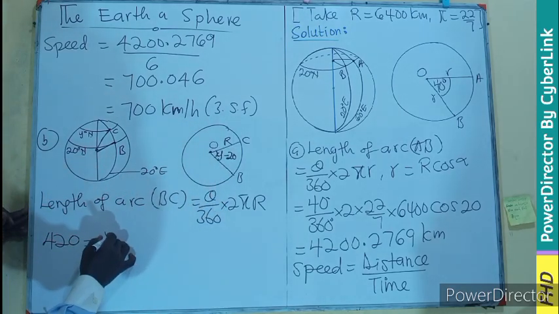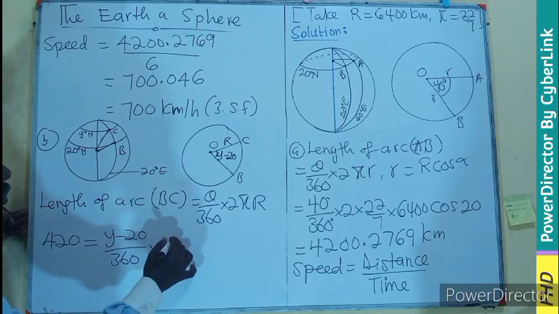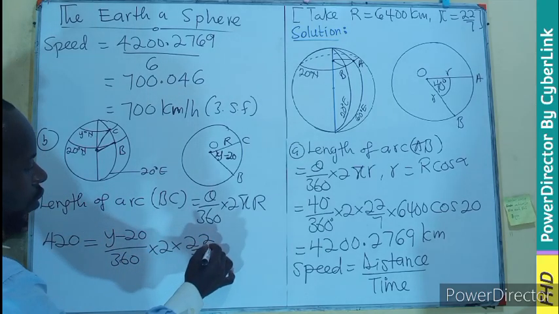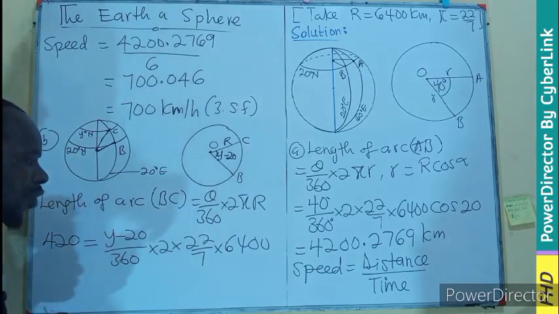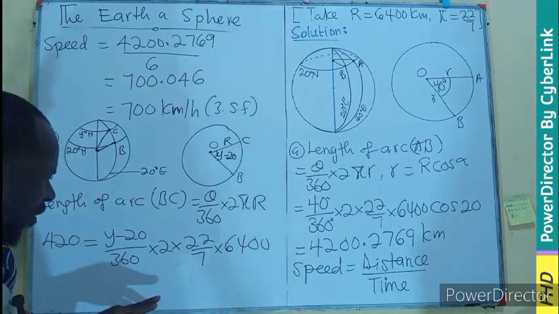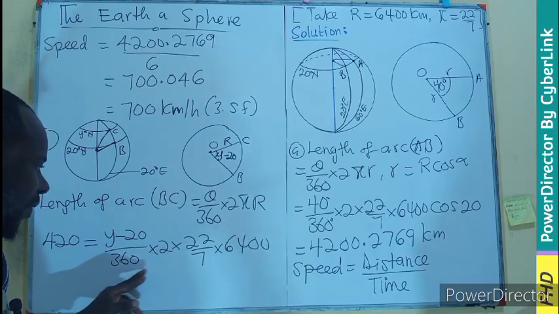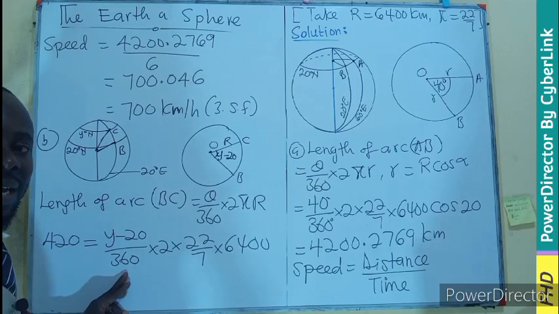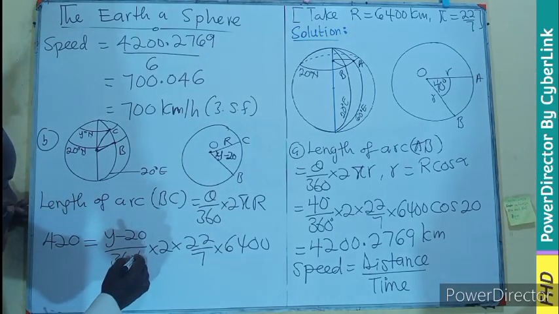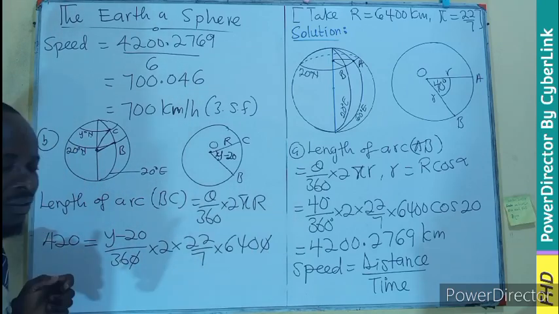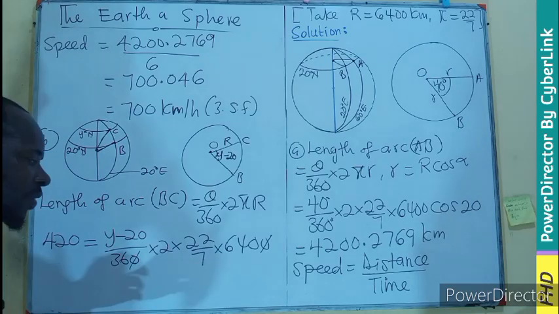The angle formed is y minus 20 times 2 times 22 on 7 times 6,400 kilometers. What are we having? We are having 7 and 360 as the denominator. But since all these are multiplying, this can still cancel this. So I'll be left with 36 and 7 as the LCM.